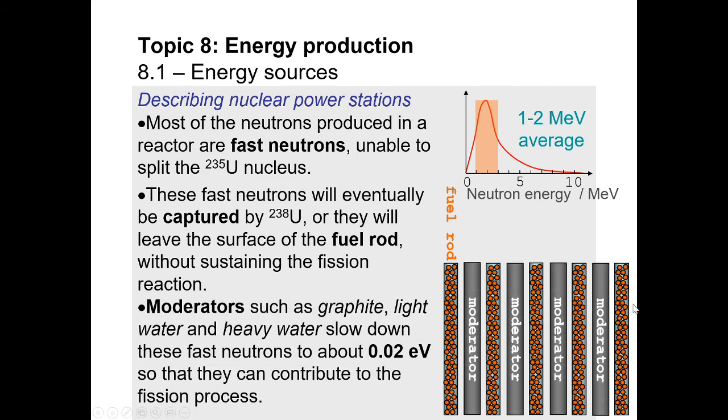And so moderators are placed in between these fuel rods. These moderators will be things like, as I said, heavy water. You can also put graphite. You can put light water, and it all depends on the scenario. And this will slow down the neutrons to the right speed so that they continue the fission process.